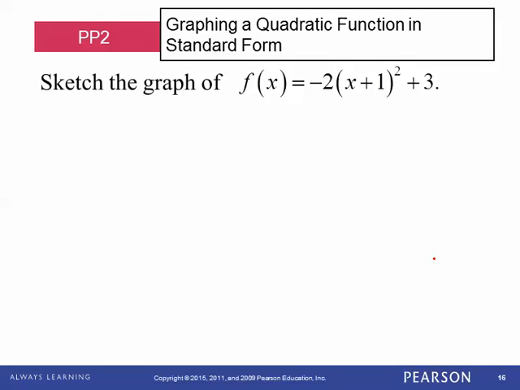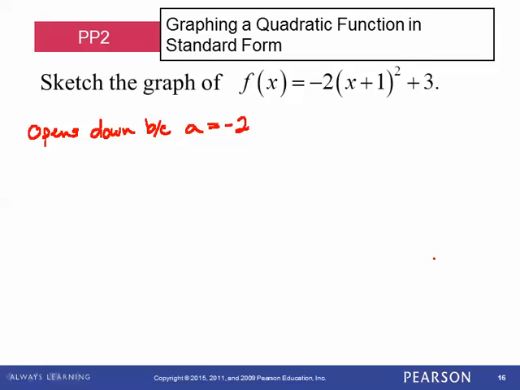Alright, so the first one is just direction. So what do you guys say? This guy opens up or down? It's going to open down because a is a negative value. So again, we have things going downward.